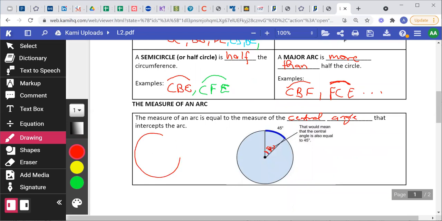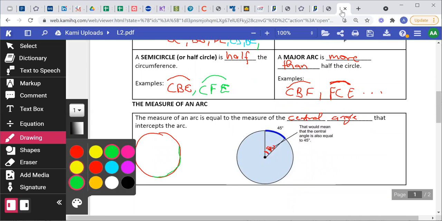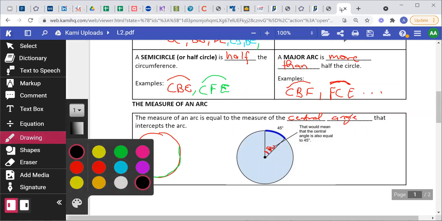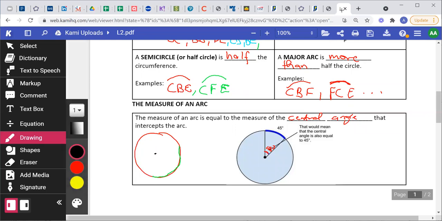So if I have a big circle this way, and now I decide to have this arc here, I'm going to see if the center is here, then I'm going to trace the beginning of the arc and the end of the arc here. If this green part of the circle is 78 degrees, that means the angle that is formed here is also 78 degrees.